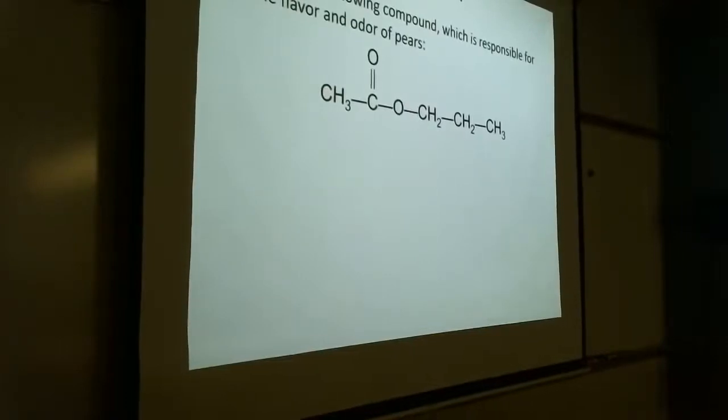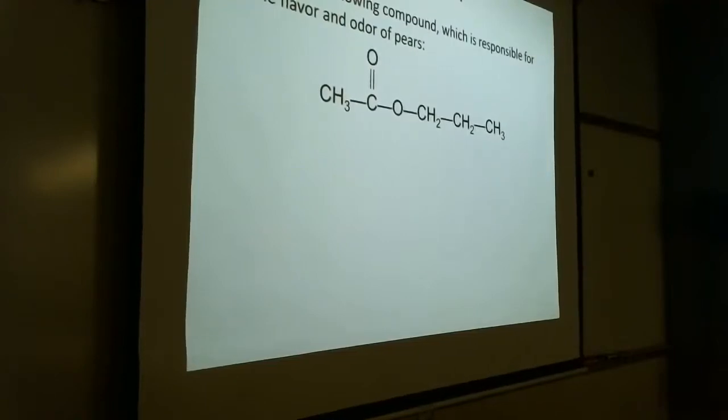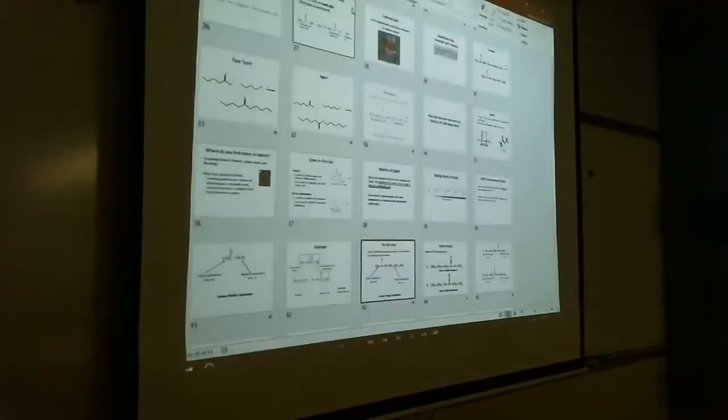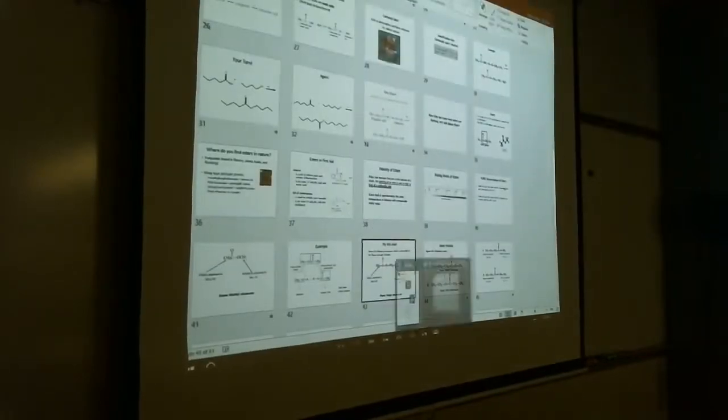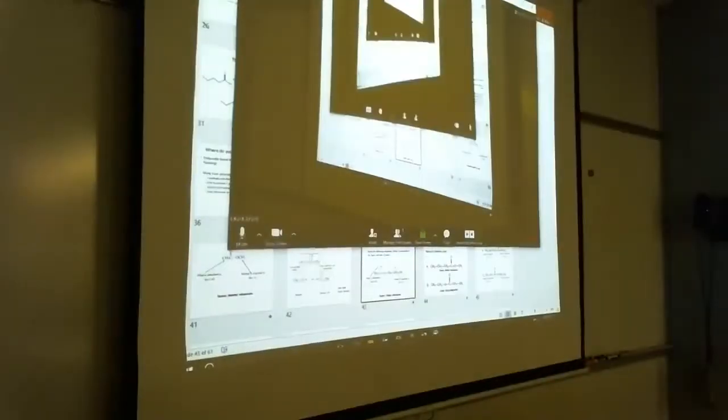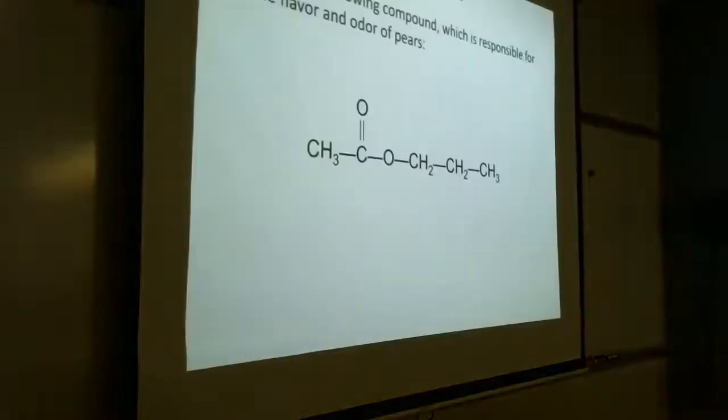Okay, so name this, and then just for good practice, identify which alcohol and which carboxylic acid it came from. I'll pause it and give you a chance to try that. All right, let's look at this one, see what we got.